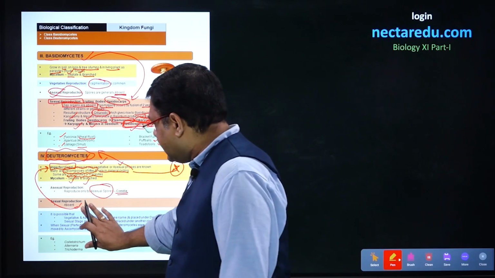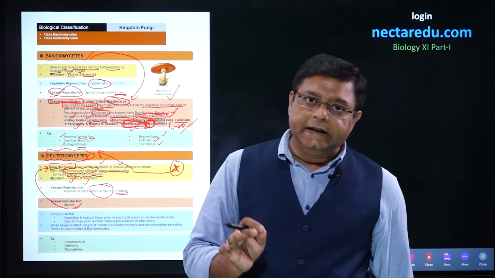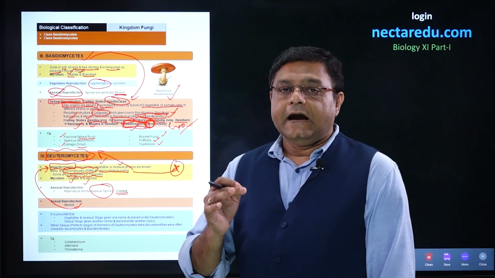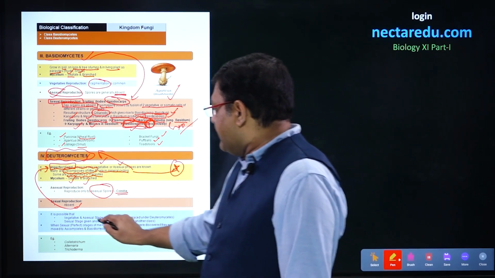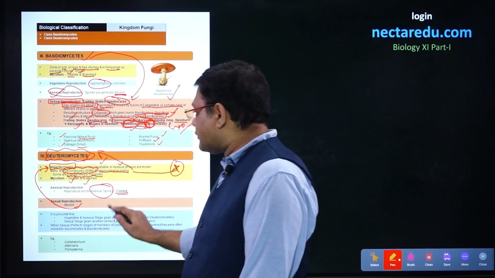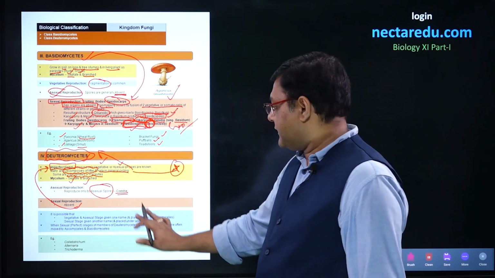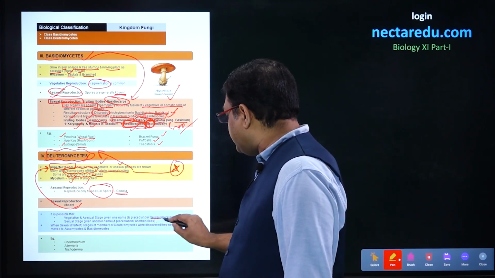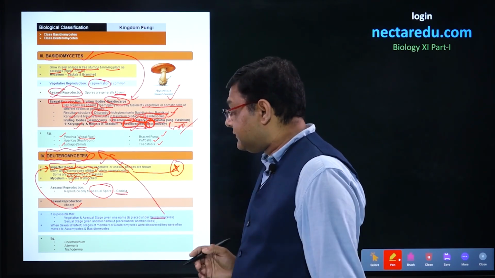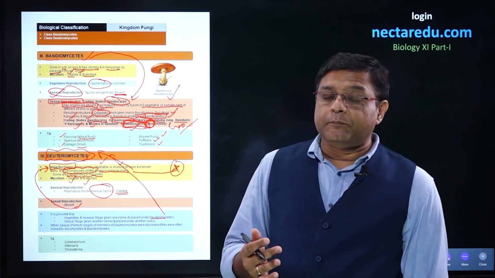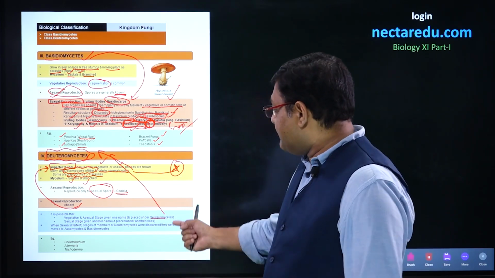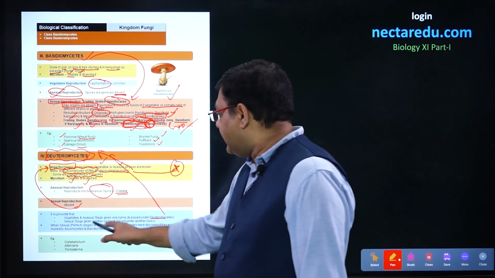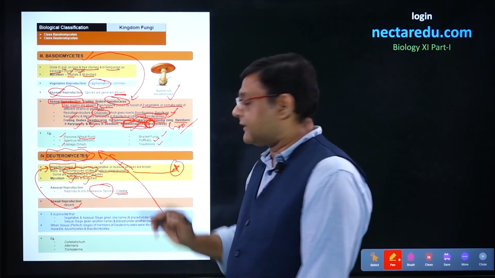Now there is a specific condition which can arise in the case of Deuteromycetes. The vegetative and asexual stage of any member can be given one name, and then it will be placed under Deuteromycetes. Now it might be possible that the member has a sexual stage which is present in another class.